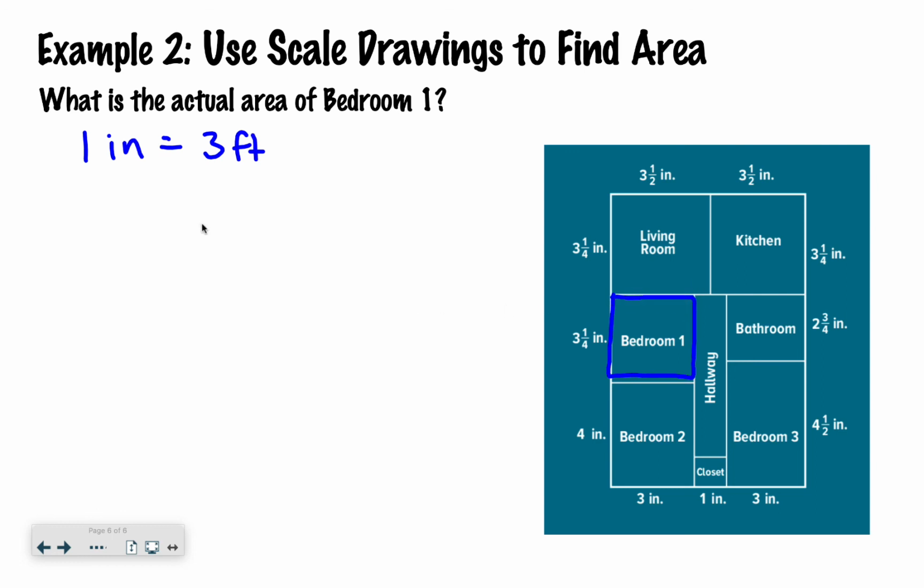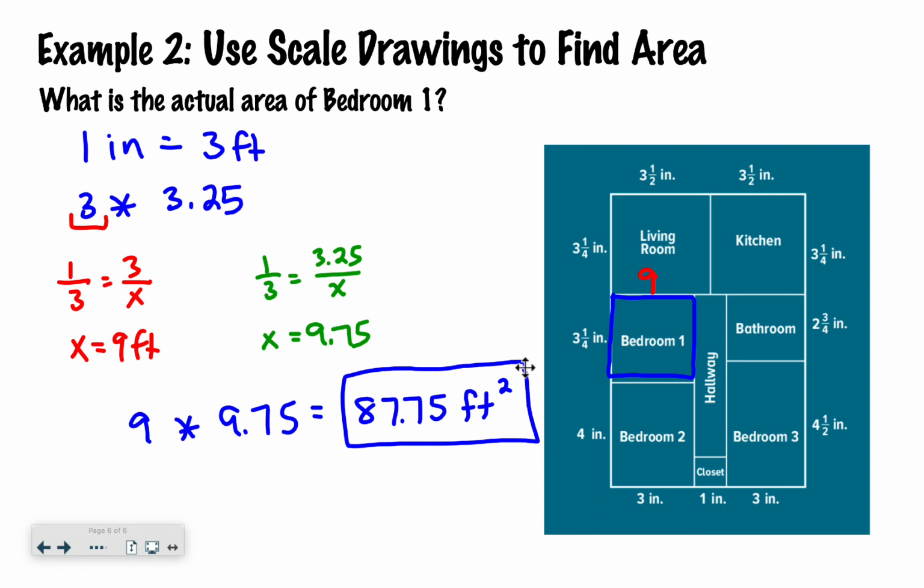Go ahead and solve that. Good luck. For this problem, hopefully you first converted the 3 inches into 9 feet, and then the 3.25 inches into 9.75 feet. Then you took 9 times 9.75 to find that the area was 87.75 feet squared.